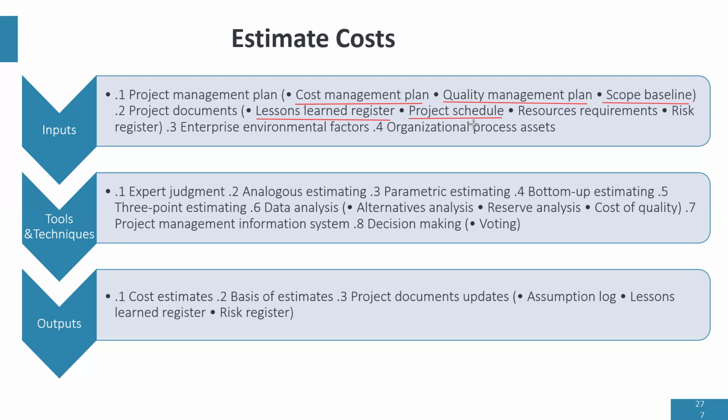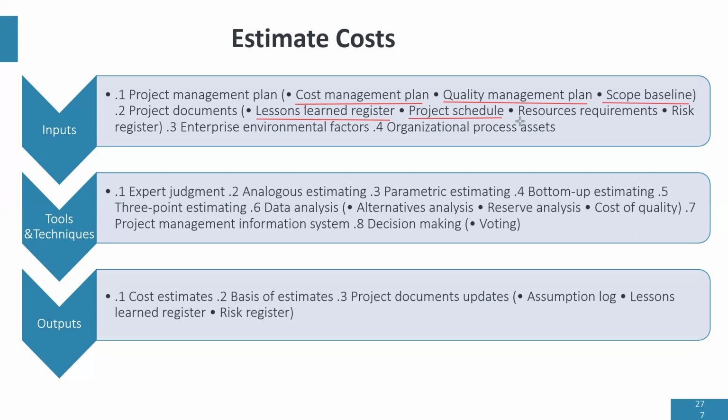So take, for example, you are paying a foreman or a bricklayer per day. The amount of money you're going to pay will depend on the duration of that task. And that's why the schedule is important in costing your project activities.